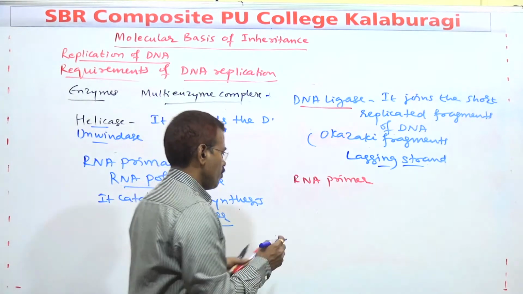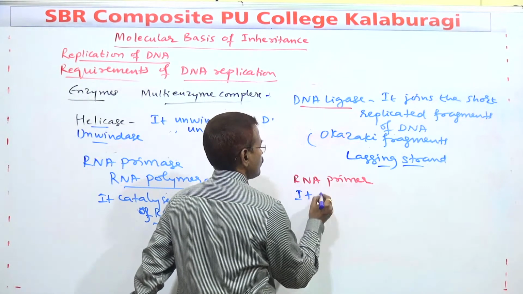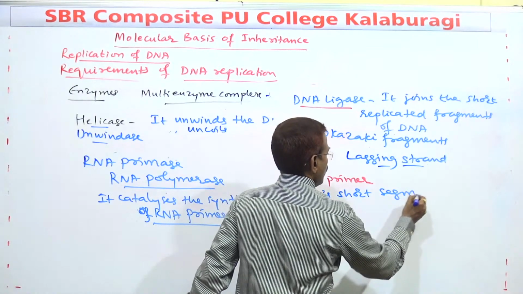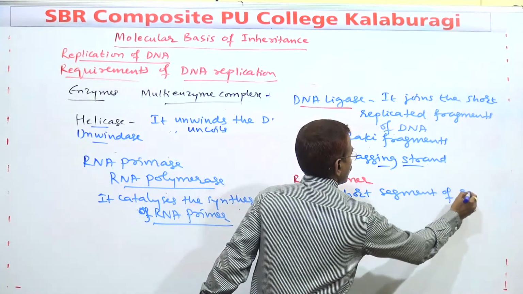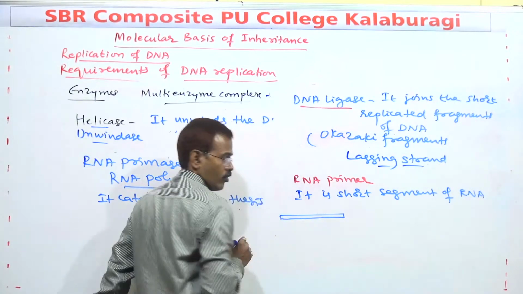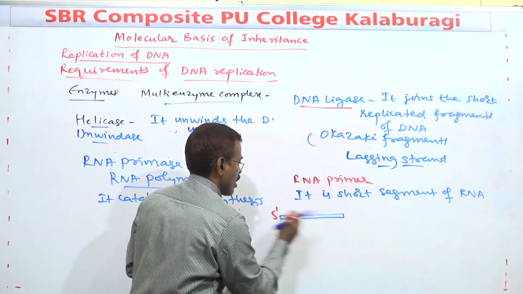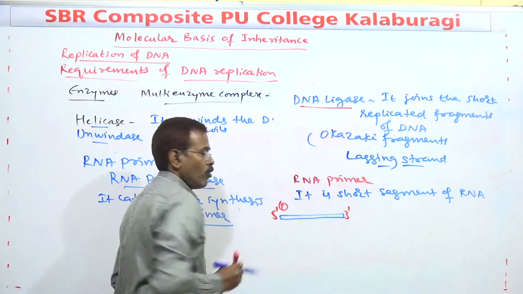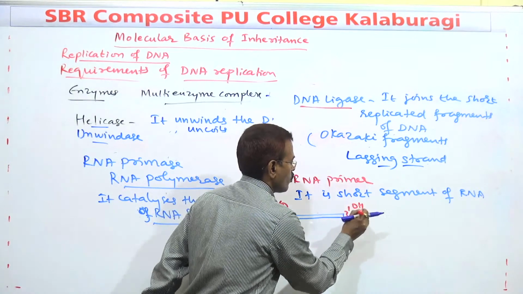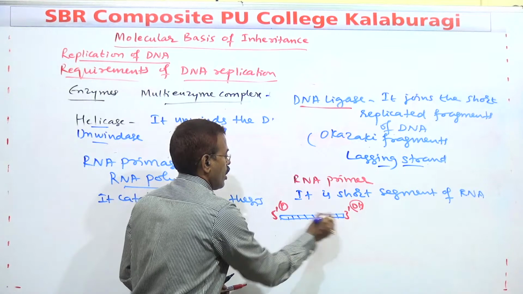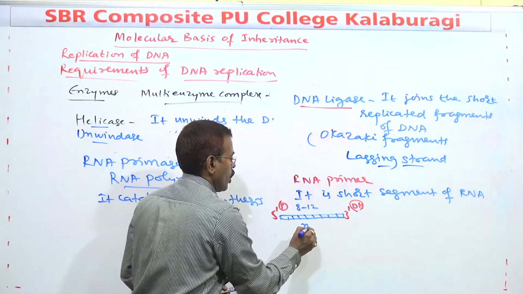RNA primer is a short segment of RNA like this with 5' phosphate group and 3' hydroxyl group, having around 8 to 12 nucleotides in it.